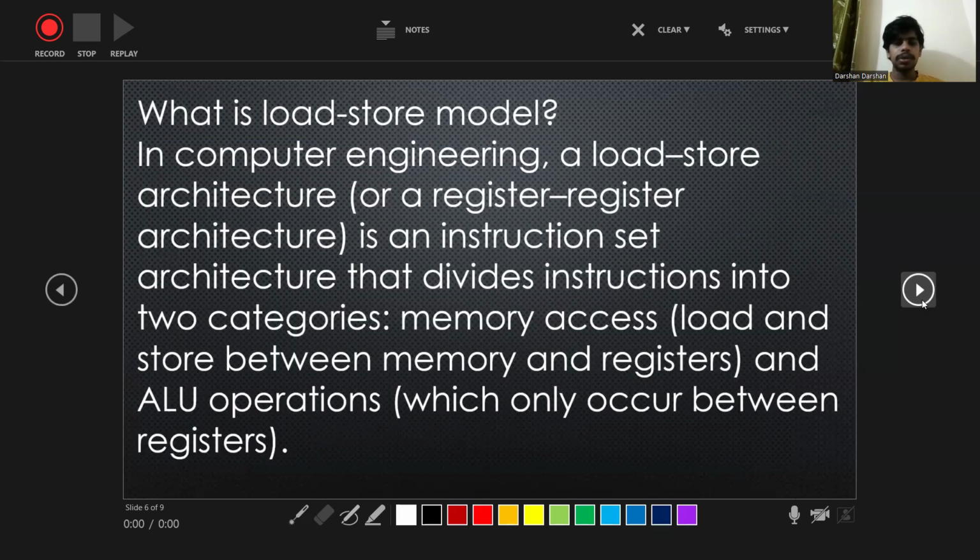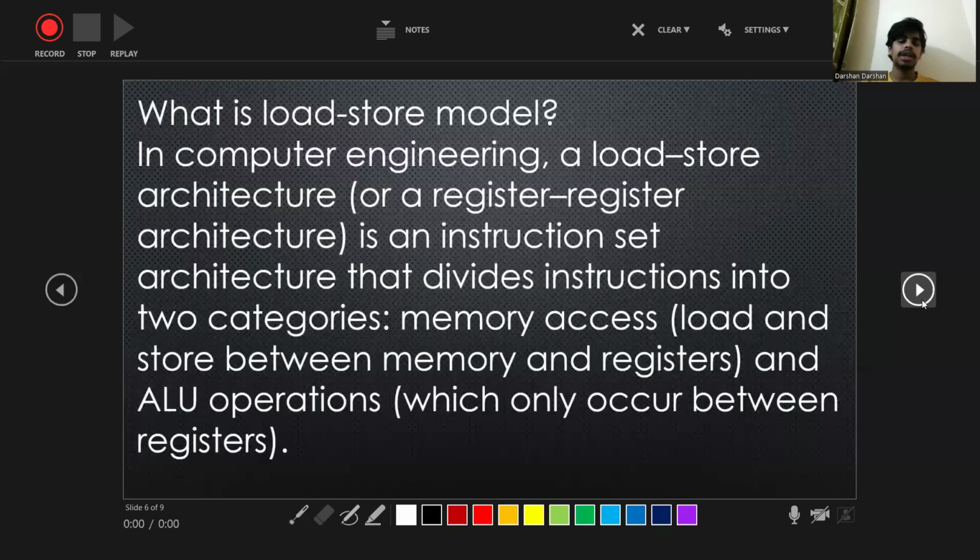Now, what is the load store model? As you can see in computer engineering, a load store architecture, or register-register architecture, is an instruction set architecture that divides instructions into two categories: memory access and ALU operations.